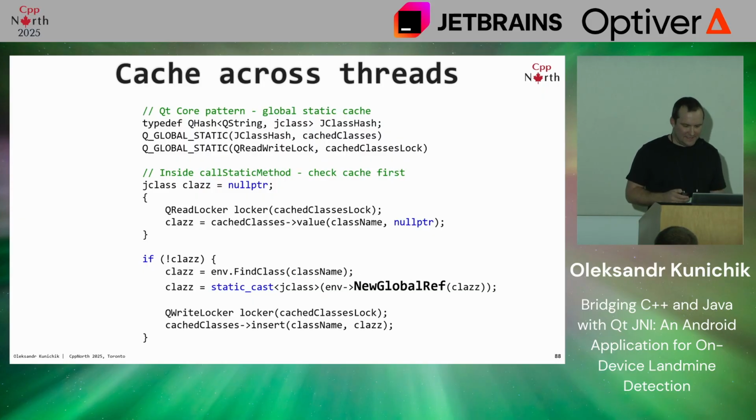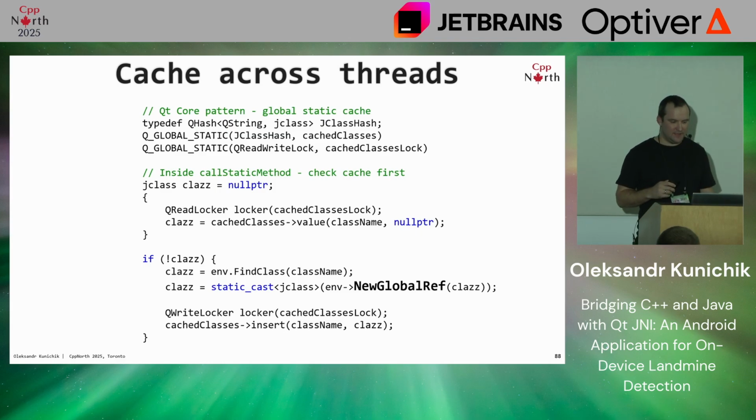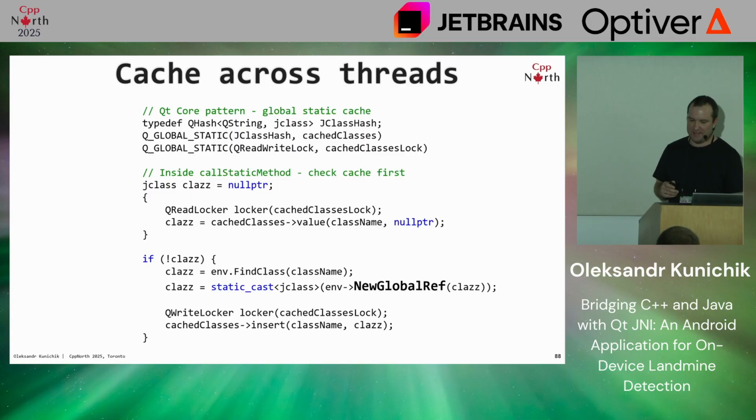But look closer at this line. We have NewGlobalRef, something new. You might be wondering how to share variables between threads. These references live forever unless explicitly deleted. Use them wisely. Once cached, they stay until updated.